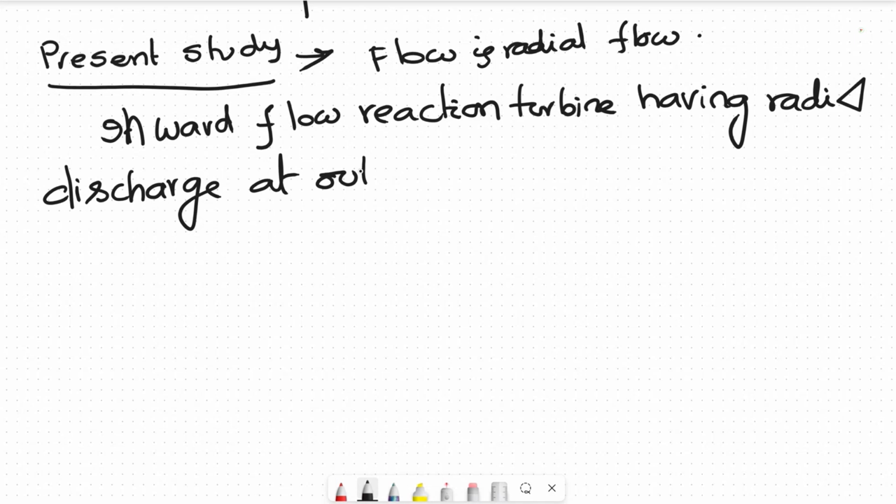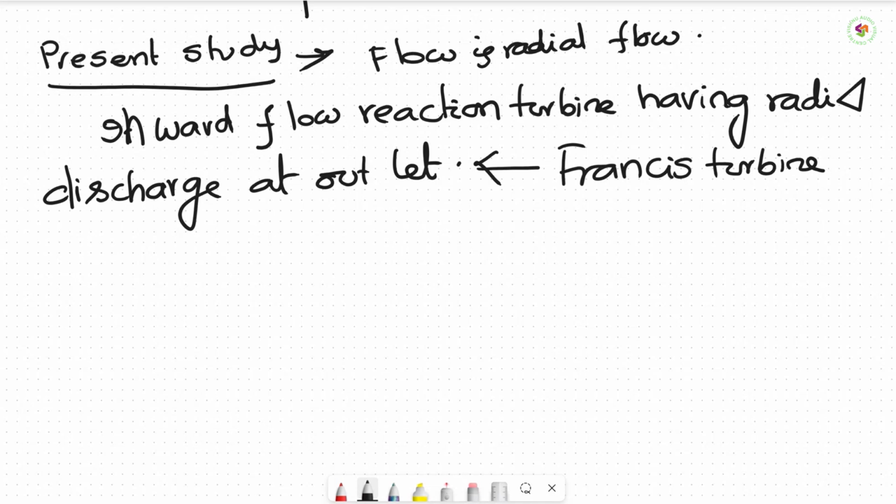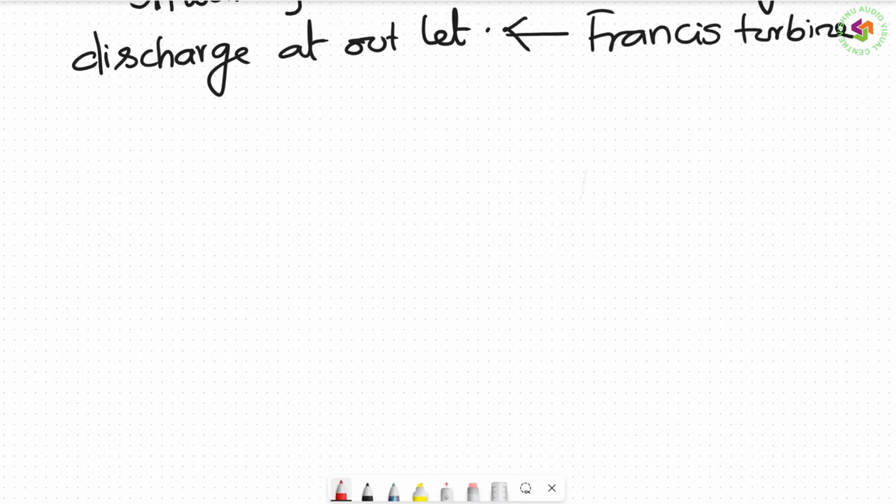This is the Francis turbine which we are studying. But remember that in the modern Francis turbine, the flow entry is radial and exit is axial. It enters radially and leaves axially. So this completes the first topic, characteristics of the Francis turbine.